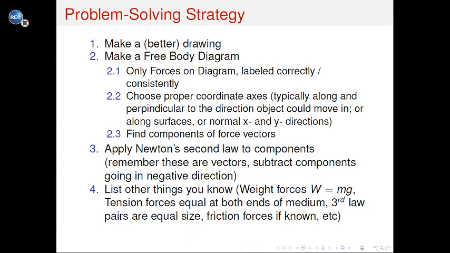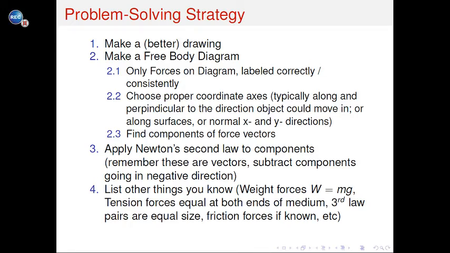All right. And so, if you know that tension forces are equal at both ends of the thing transmitting the tension, the cable, the ligament, the tree branch, whatever it is, you can state that. And if you've drawn two free body diagrams and you've identified third law pairs, then you would identify those.